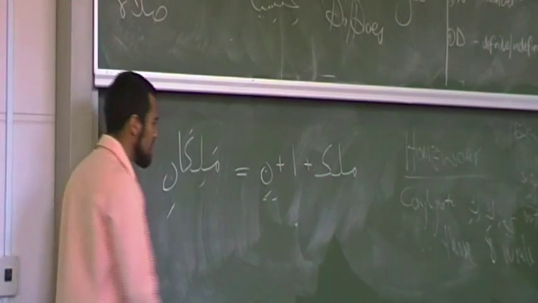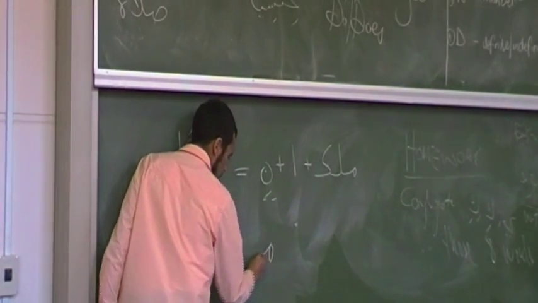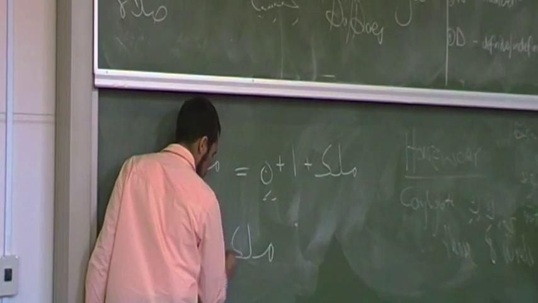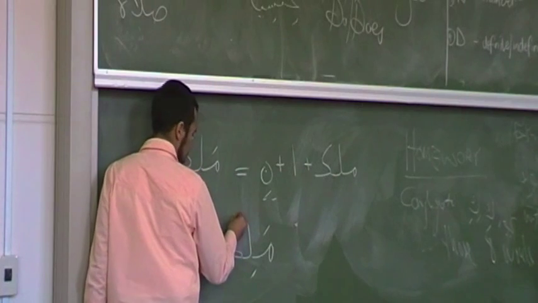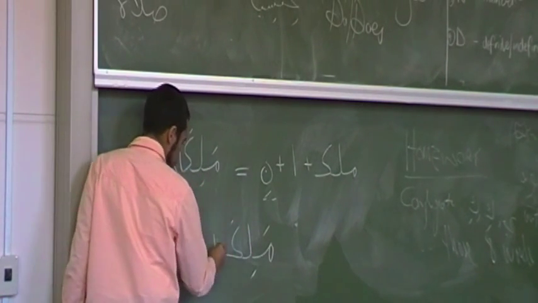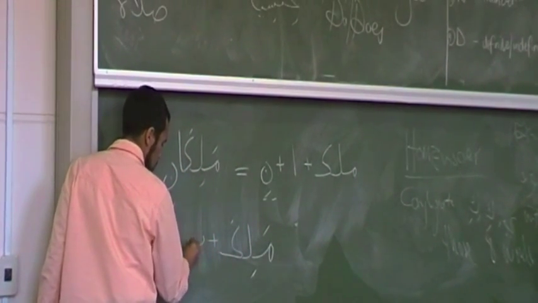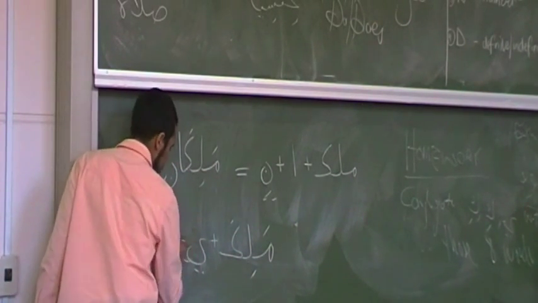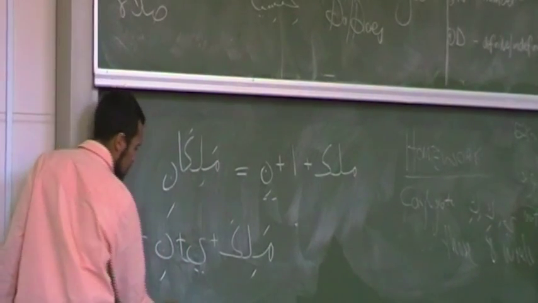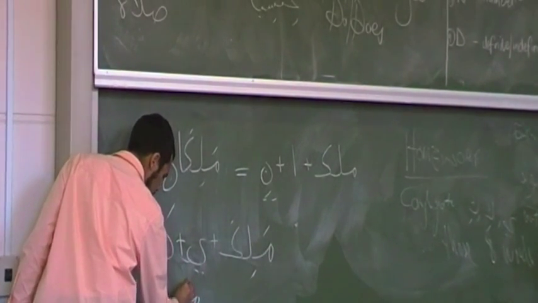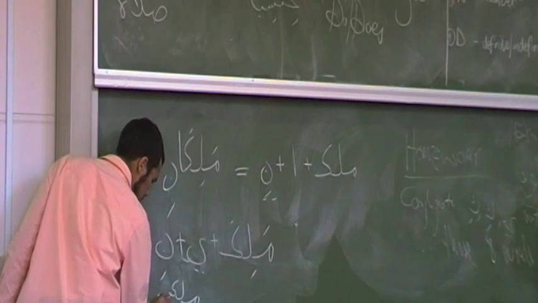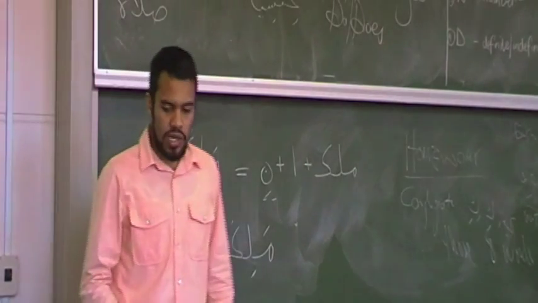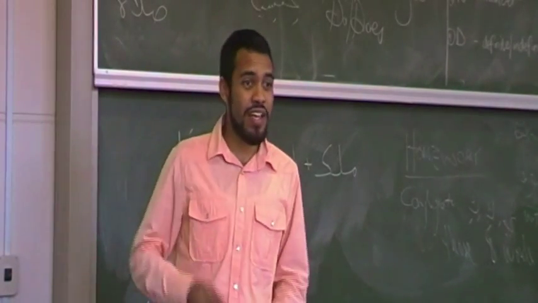Alternatively, I can say mali, I'm putting in the original word, plus ya, plus noon. And this will give me malikaini. Are you all with me? Okay, so we have malikani and malikaini.